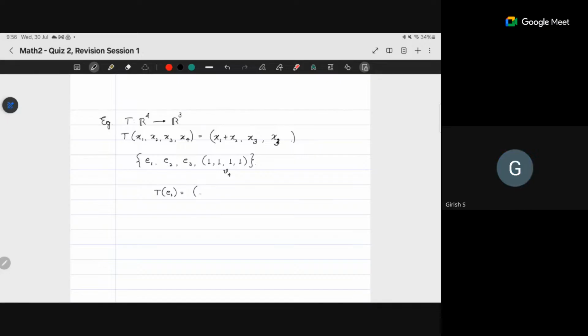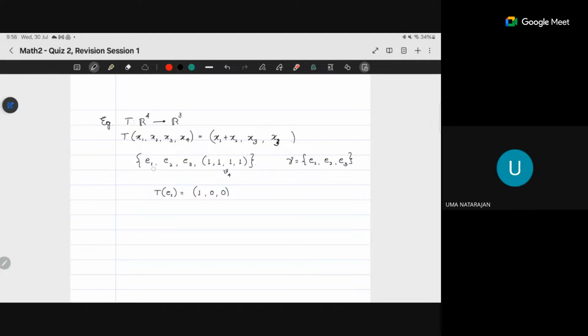It's 1 0 0. I need to give a basis for the codomain as well, right? So for the codomain, I'll keep it as standard. Note that this E1, E2, E3 is in the domain. This one is not the same as this.